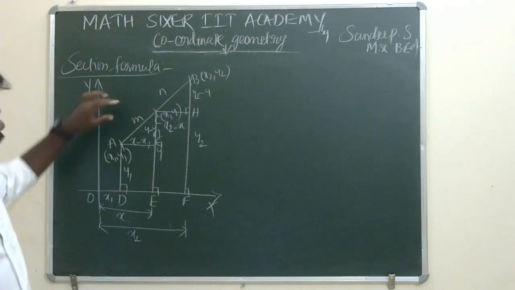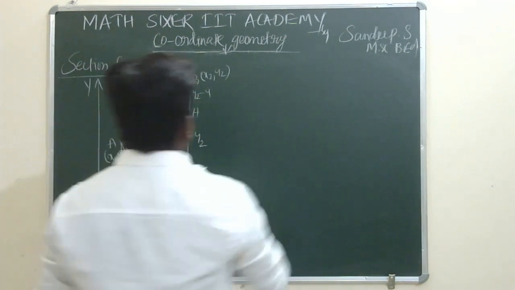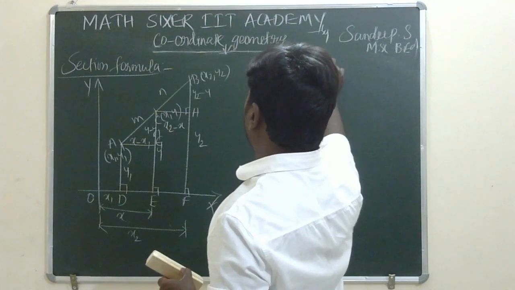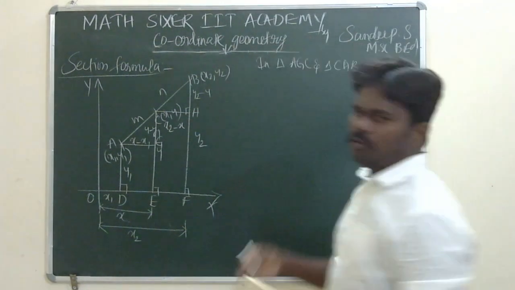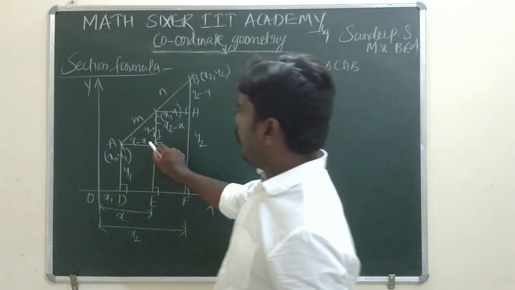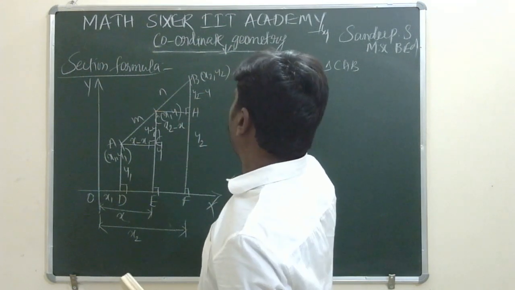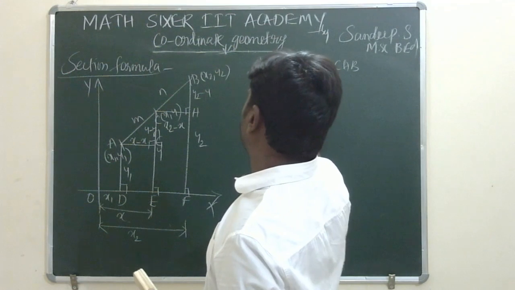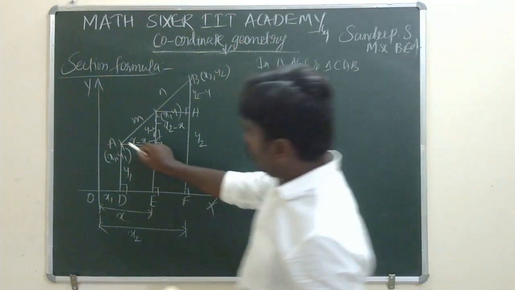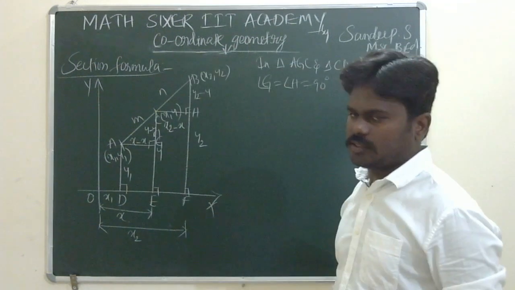Okay. So in triangle AGC and triangle CHB, we have all the sides now. If you observe clearly, angle G and angle H are both equal to 90 degrees. And these two lines are parallel to the x-axis.